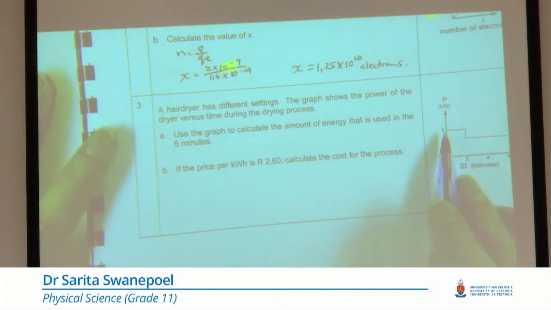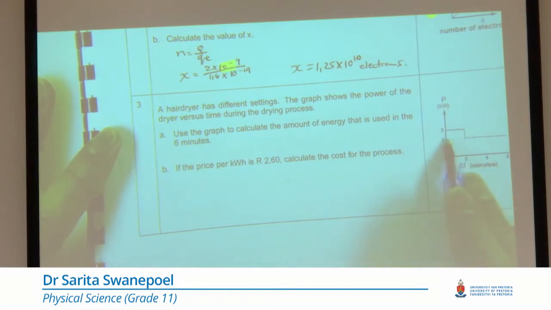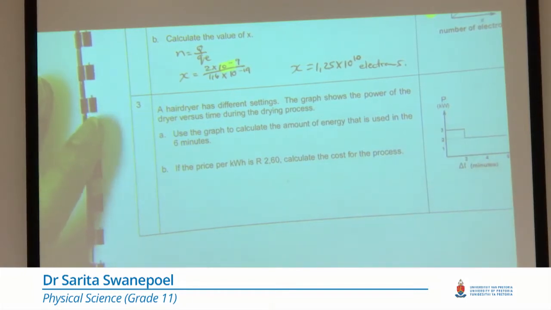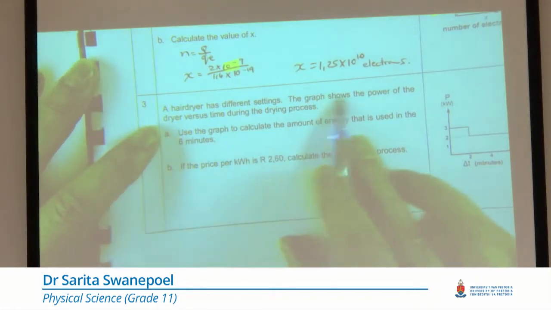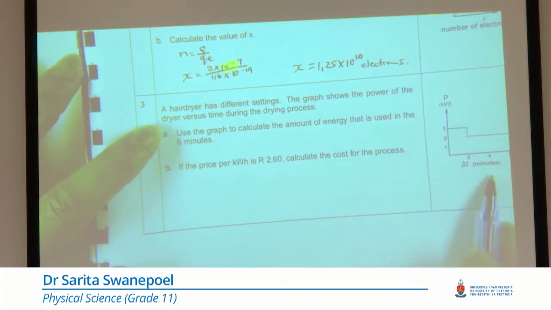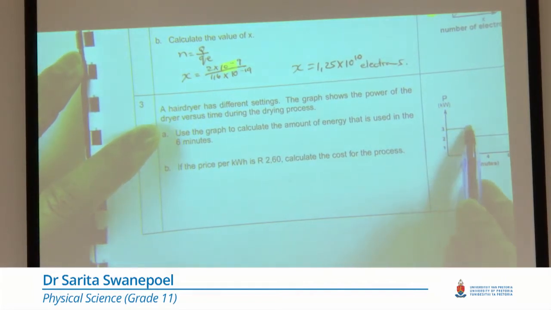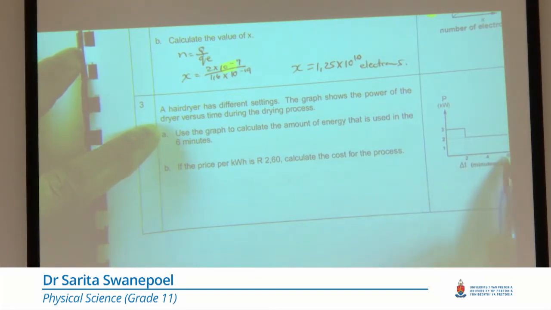So this girl is using it at 3 kilowatts, and then she's using it at a 2 kilowatt setting. The graph shows the power of the dryer versus the time. She's using it at 3 kilowatts for 2 minutes, and then she's turning it down. I think it was too hot. And now she's using it at 2 kilowatts for another 4 minutes.